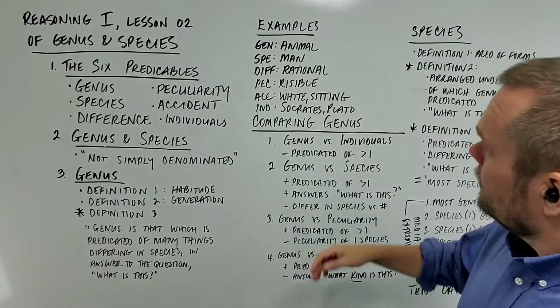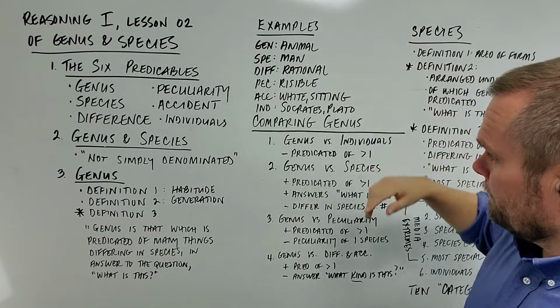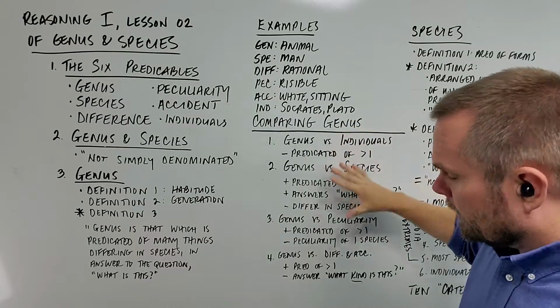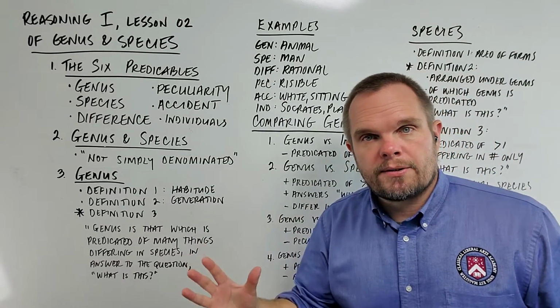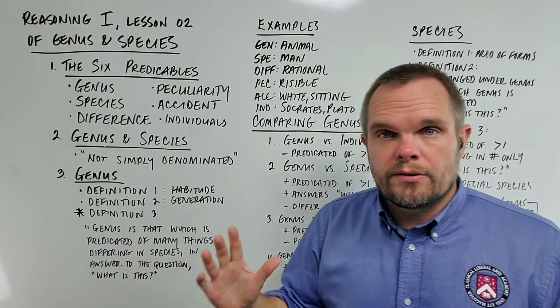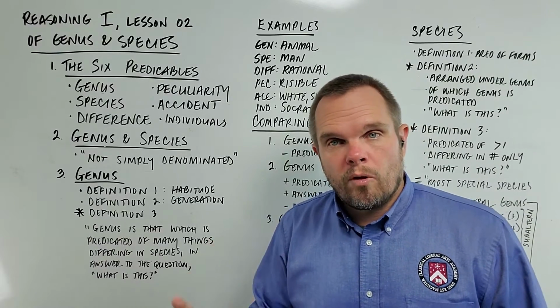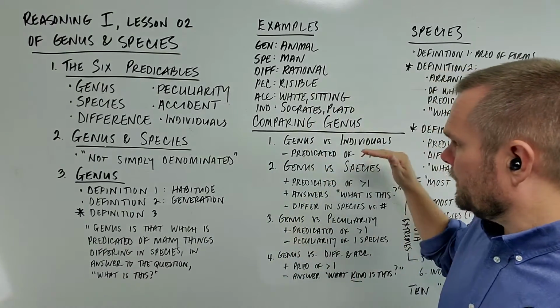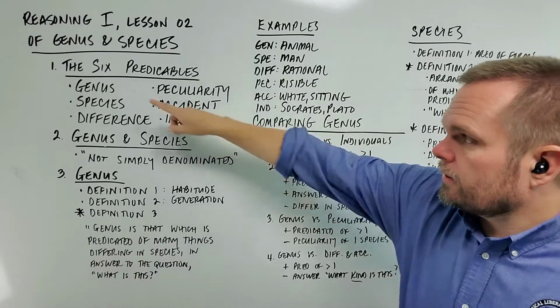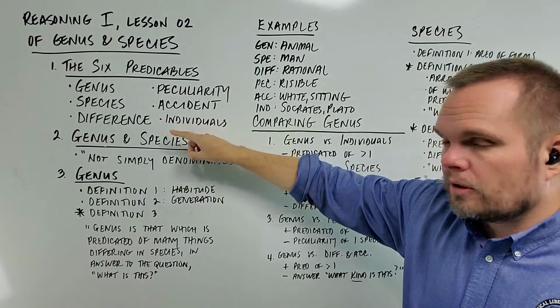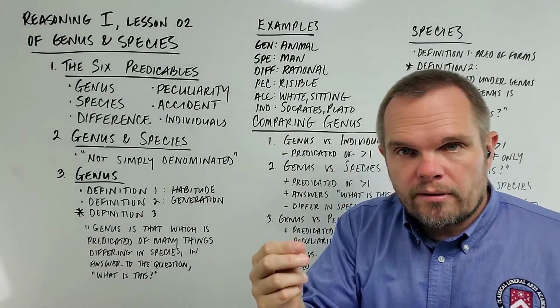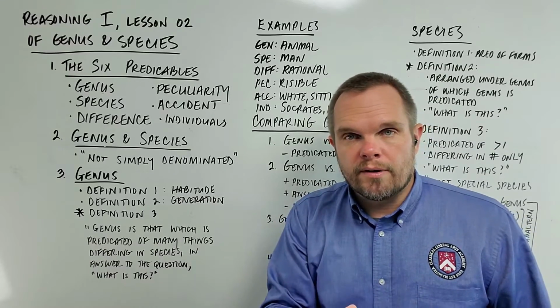Okay? Next, moving on. To help us clearly understand genus, what Porphyry does is compare genus to each one of these different predicables to show us how they're alike and how they're different.